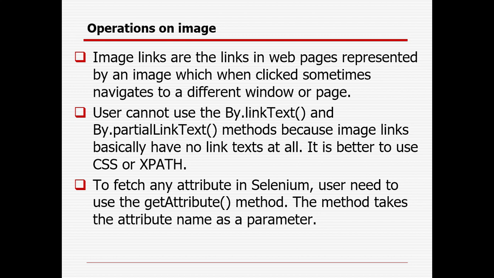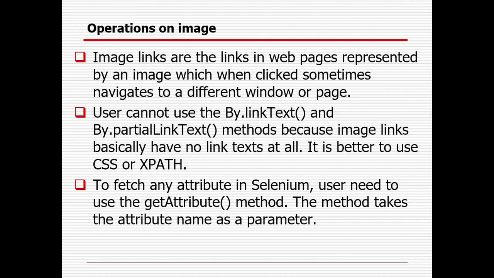Sometimes images are available as links, so if you click the link, sometimes it will open that particular image, or sometimes it will open a new window as well. Image links are links in a web page represented by an image, which when clicked sometimes navigate to a different window or a page.